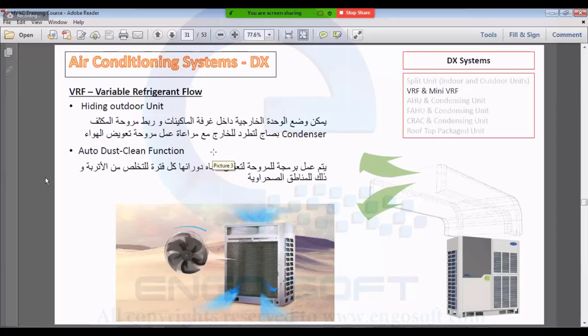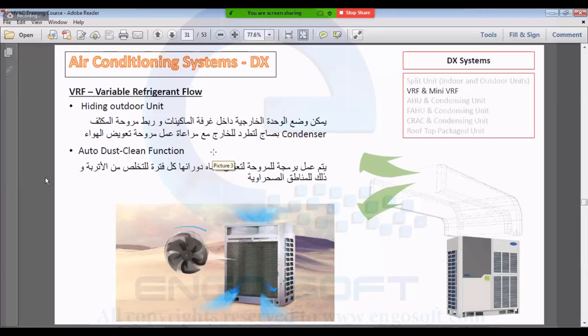Yes, that's the best option, to install it outside. So if they insisted that you install it inside a mechanical room, what should you do? There must be some way to ventilate the room. Yes, excellent.